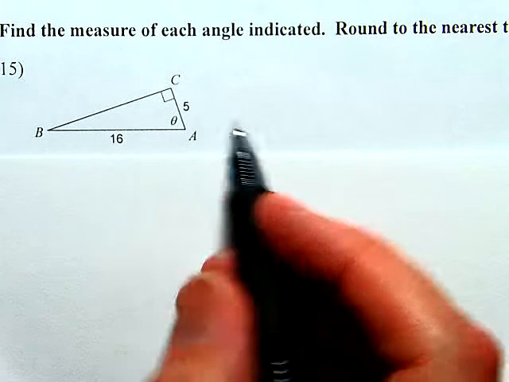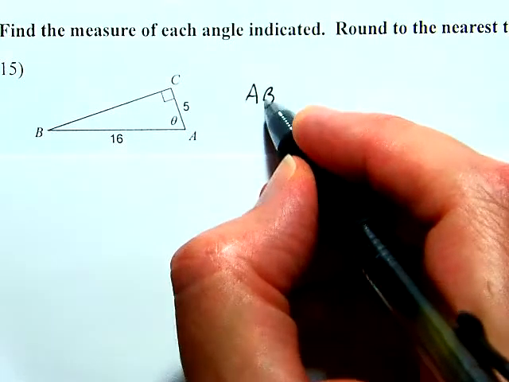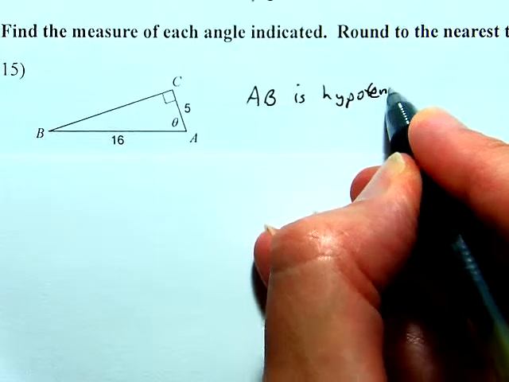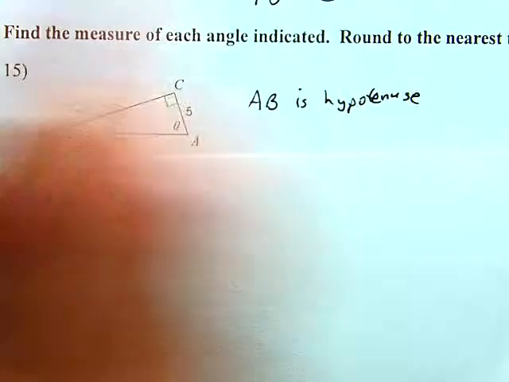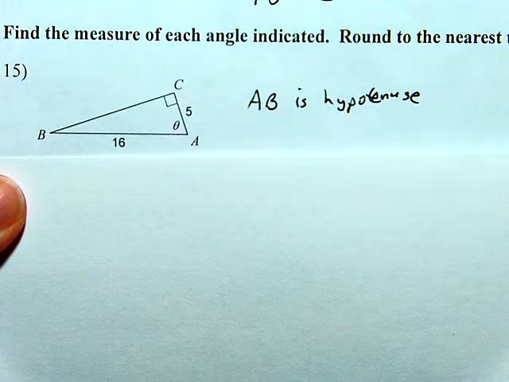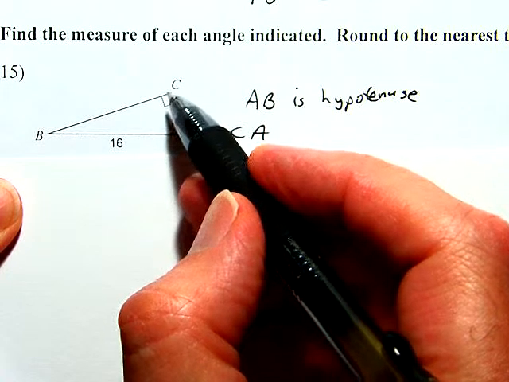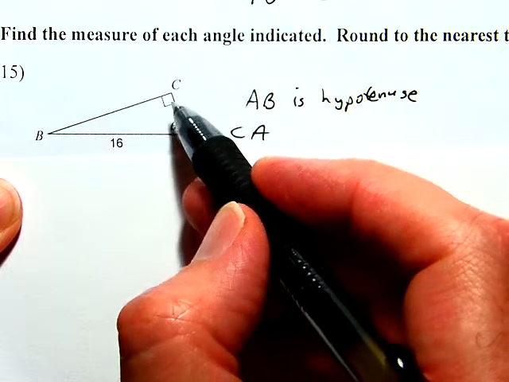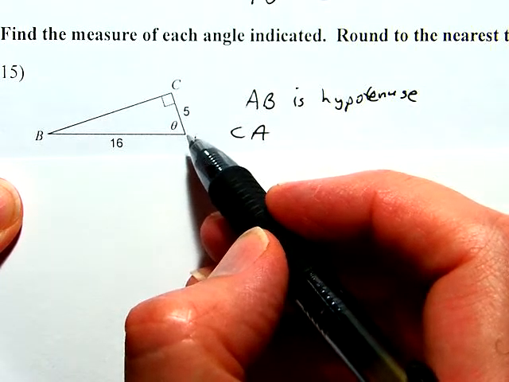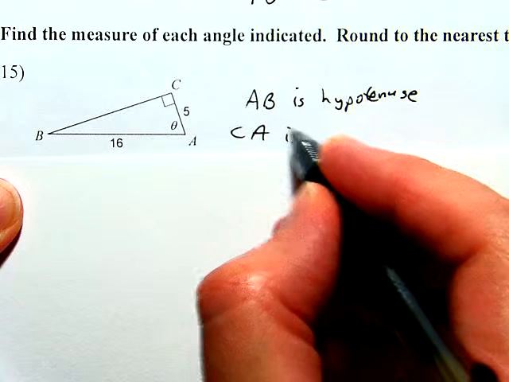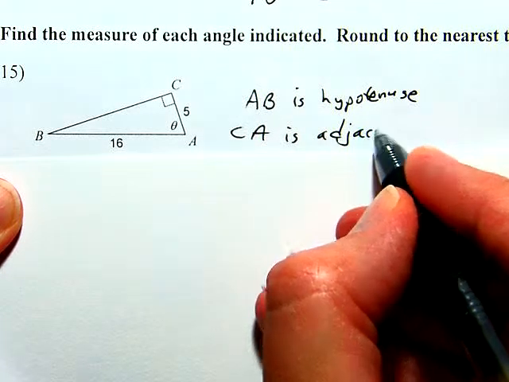AB is the hypotenuse. And then the question is, if that's the hypotenuse, what is CA? Is this an opposite side or an adjacent side? Well, it looks to me like this is an adjacent side. So we're given the adjacent side to theta.